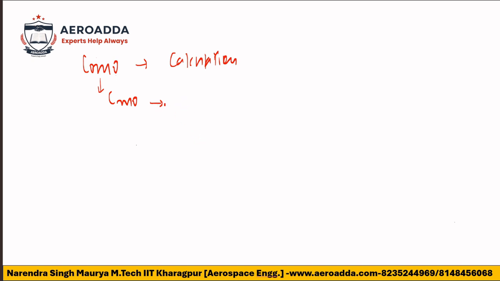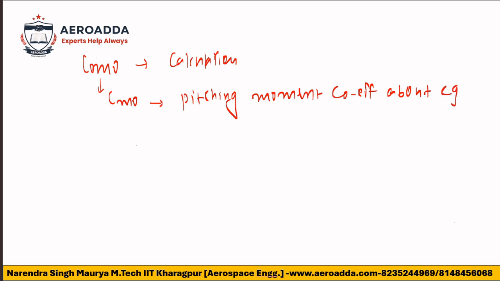In words, it is called the pitching moment coefficient about CG at zero lift coefficient. Okay, please remember this. Or zero lift coefficient, or at zero lift one, that is also correct. Zero lift.